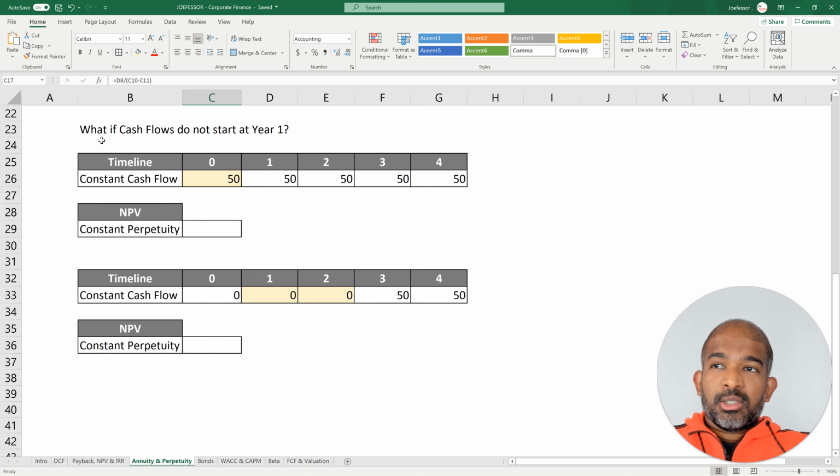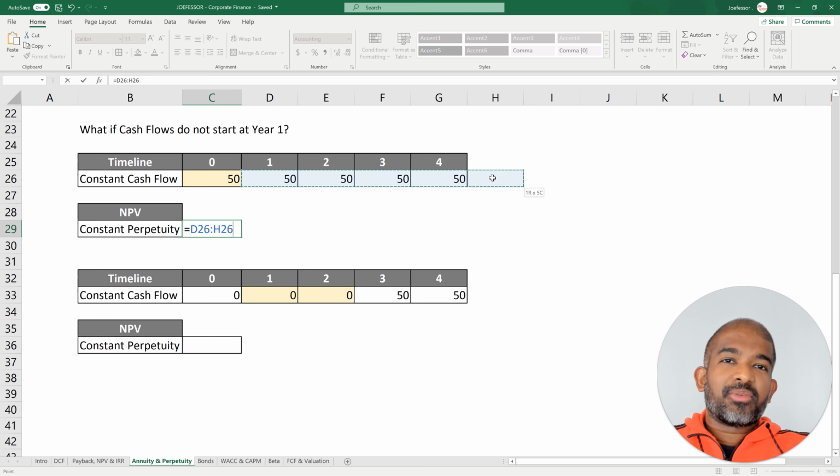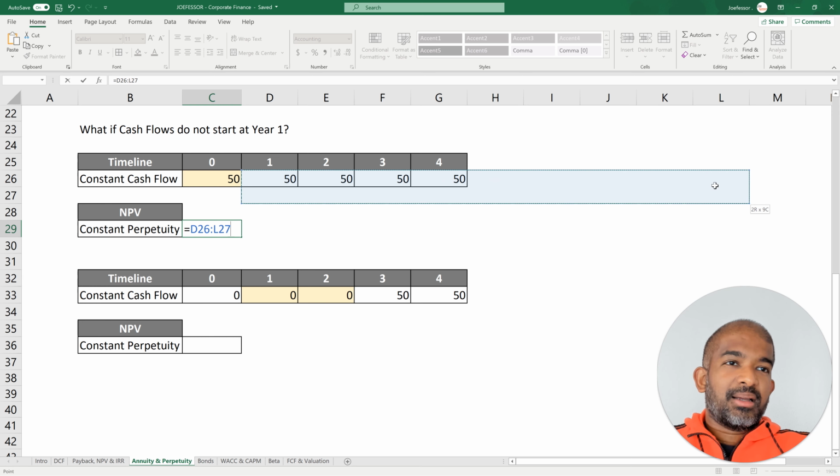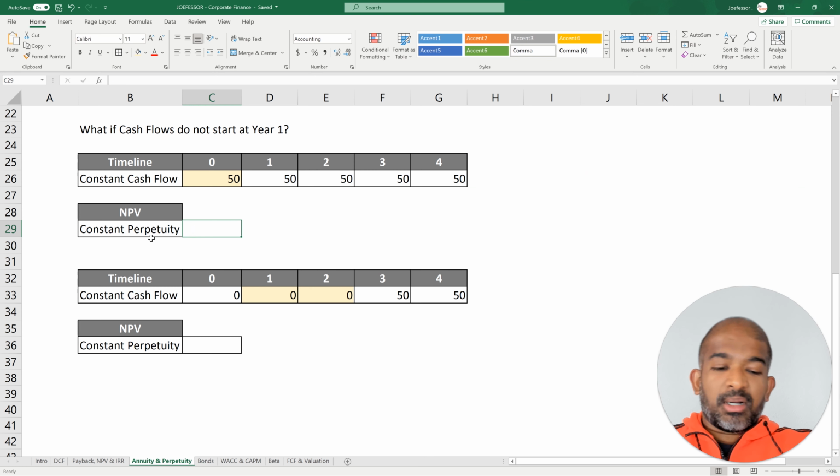Okay. So what do you do if your cash flows start right now? Instead of from year 1, if your cash flow starts right now, how do you find the NPV of this constant perpetuity? It is to find the NPV when the cash flows start from year 1, right? So you know how to find the net present value of cash flows from year 1 until forever, right? So how do you do that?